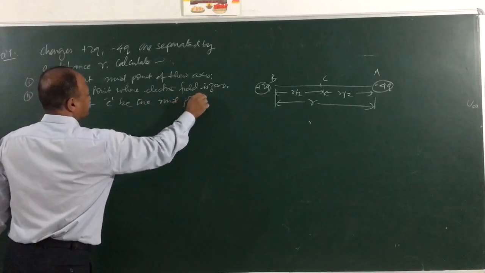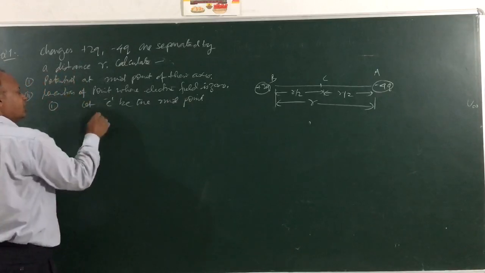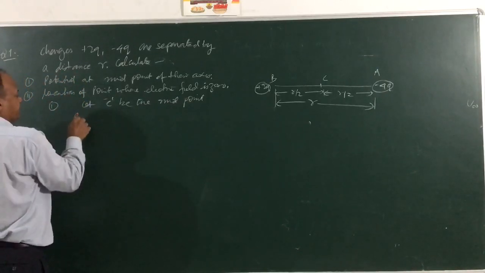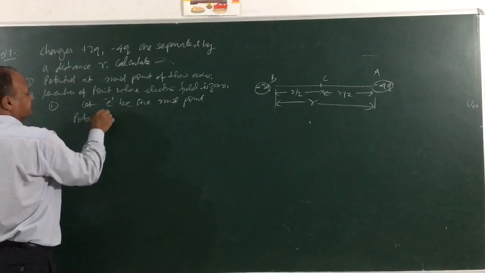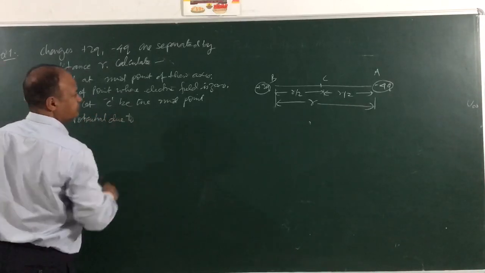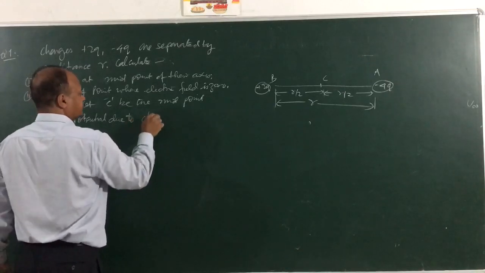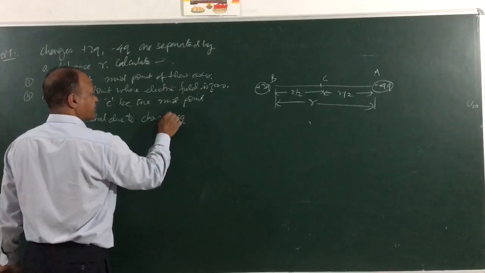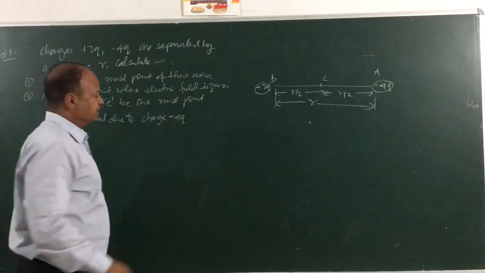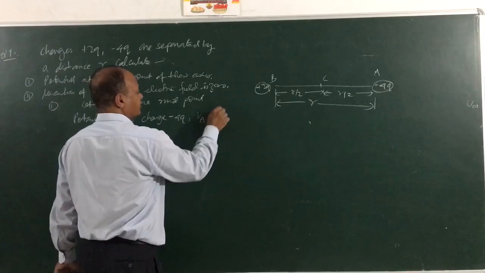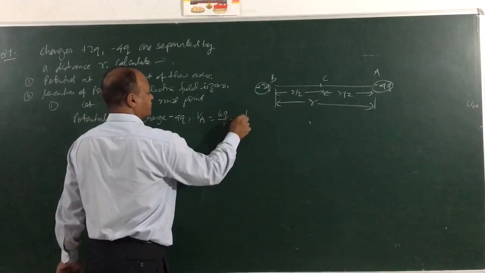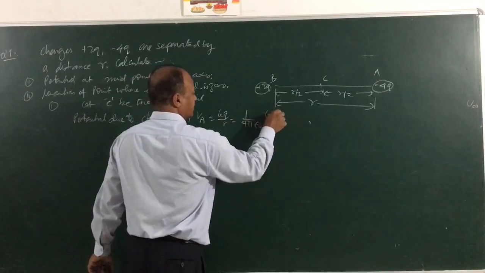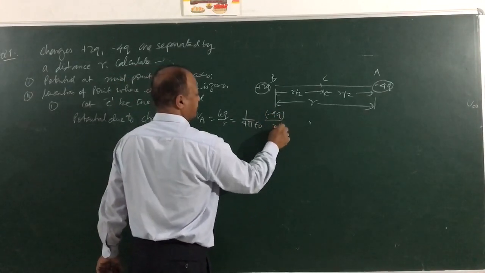So children, VA will be the potential due to charge minus 4q. Now the charge minus 4q is located at which point? A. So VA will be equal to KQ by R. K is 1 by 4 pi epsilon 0. Q is how much then? Minus 4q and R will be how much? R by 2.